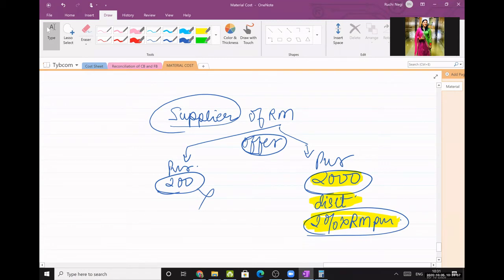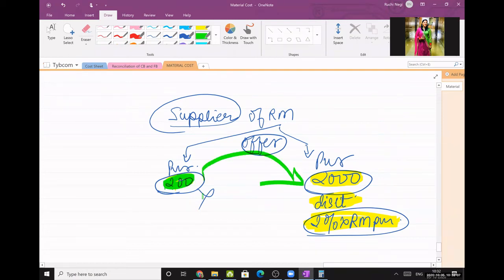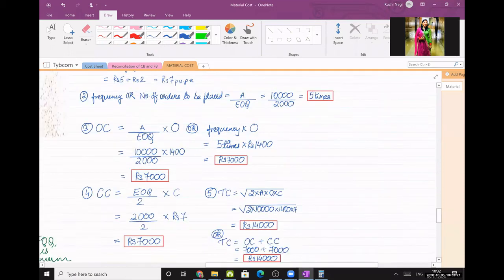Okay, now you will be thinking, ma'am, we are taking 200 quantities from him, so why will I take 2000 quantities when I don't need 2000 quantities? Why will I need? Okay, but just understand one thing, students. What is my annual demand answer?